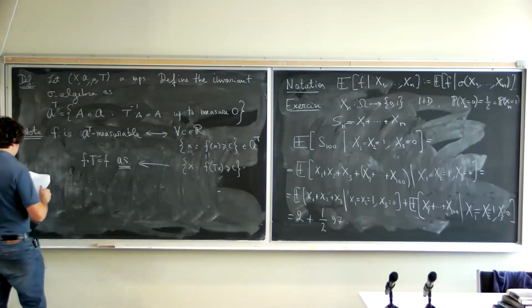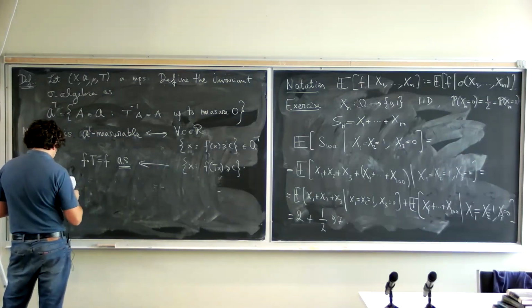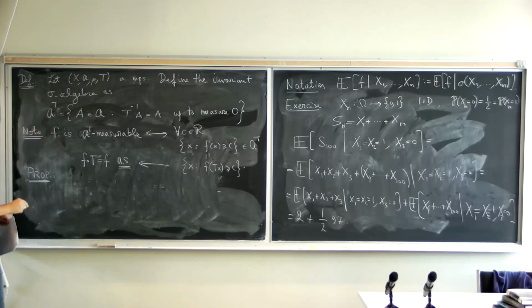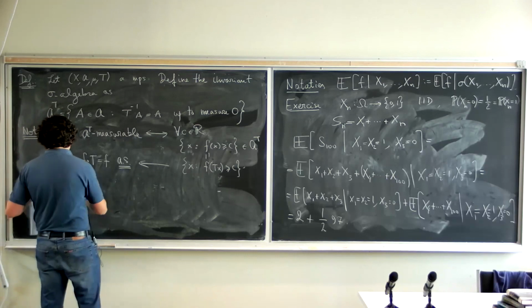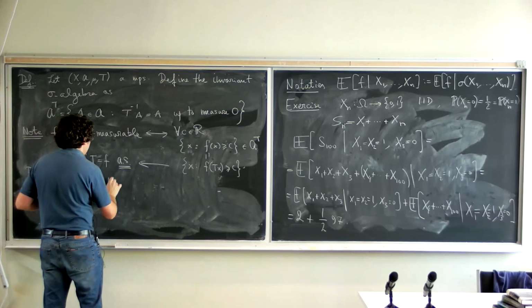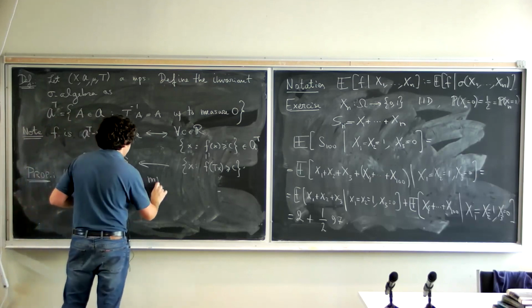And in fact, maybe you can start guessing what happens. So the proposition is like this. What is the conditional expectation with respect to the invariant sigma algebra? Right. So again, you start with (X, A, mu, T), a measure preserving system.